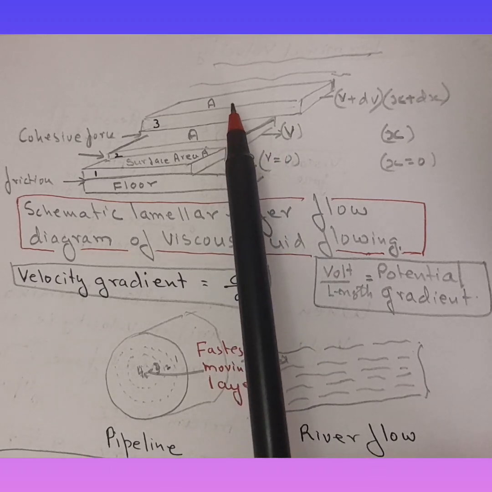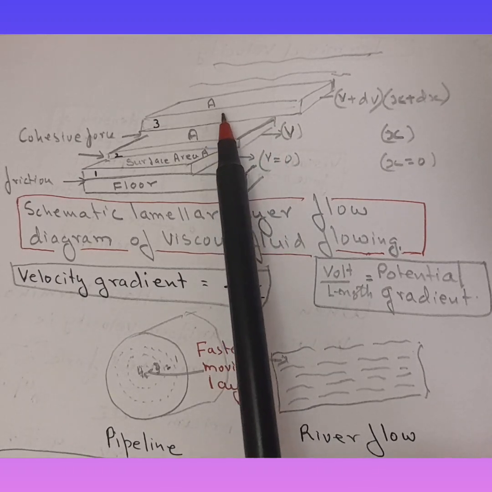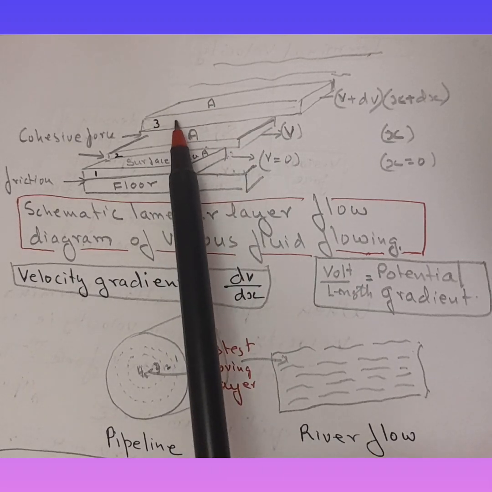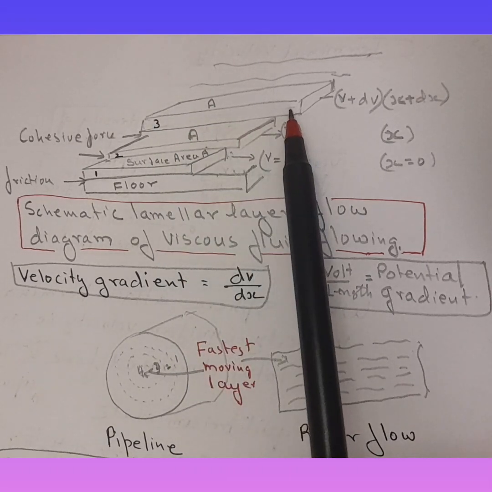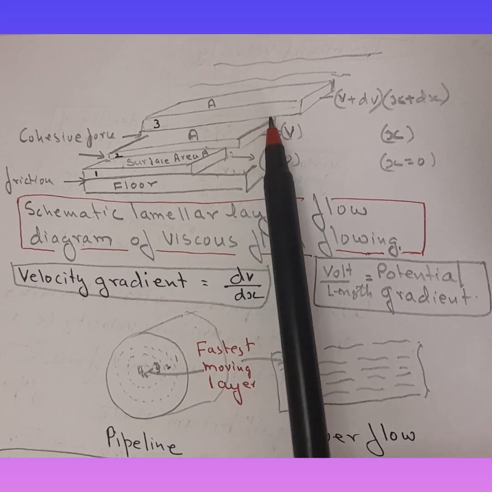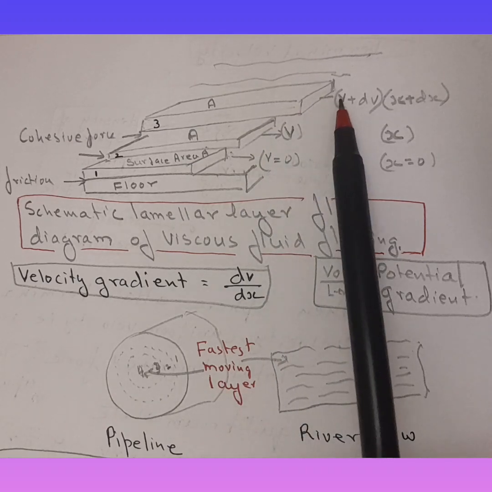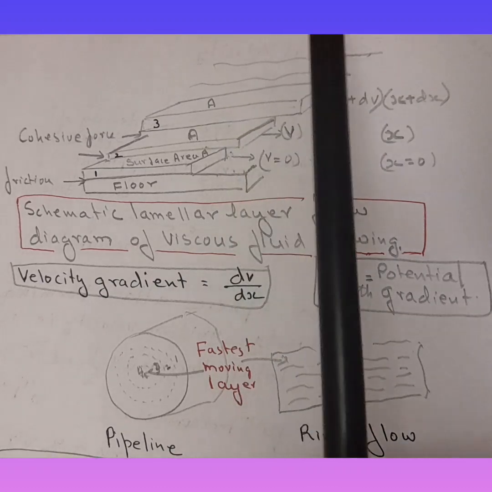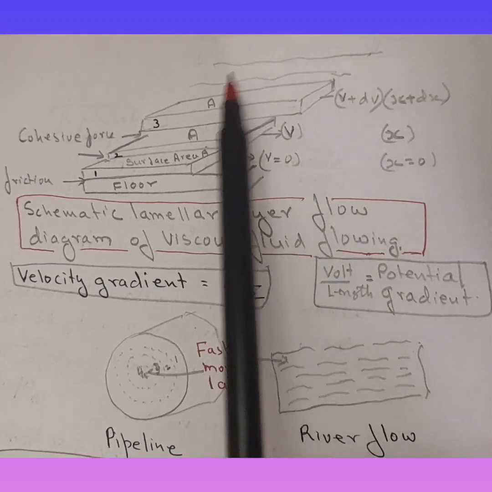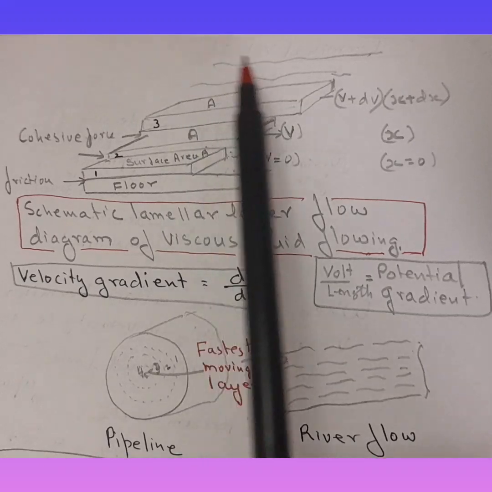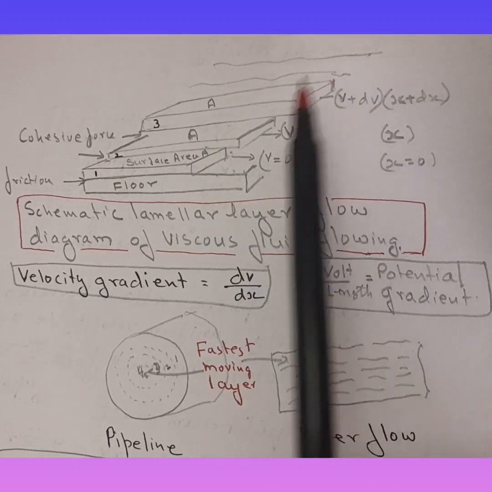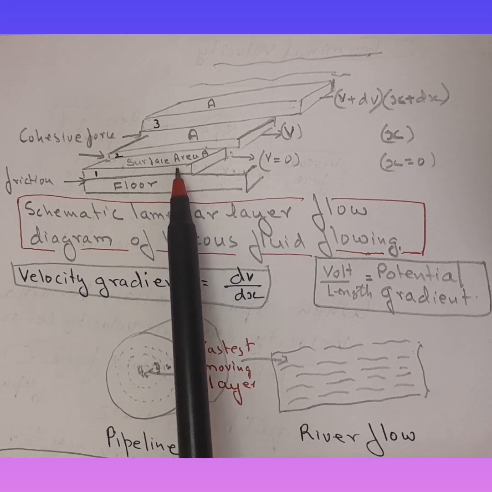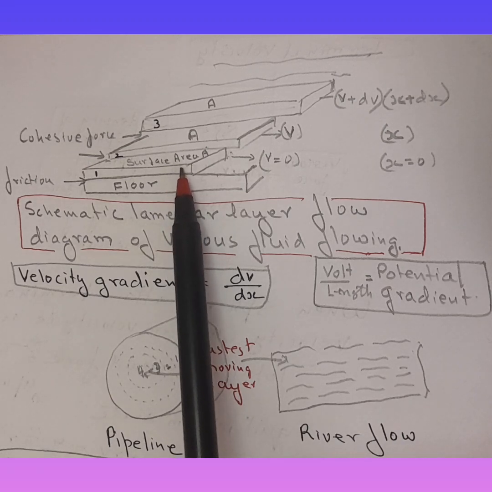Similarly, when we go to the third laminar layer, here again cohesive force is there, but this slides a little more than the previous one. So I call it V plus dV. Alright, and so on and so forth. The layers keep on sliding, the uppermost sliding the most, whereas the lowermost is not sliding at all or sliding the least.